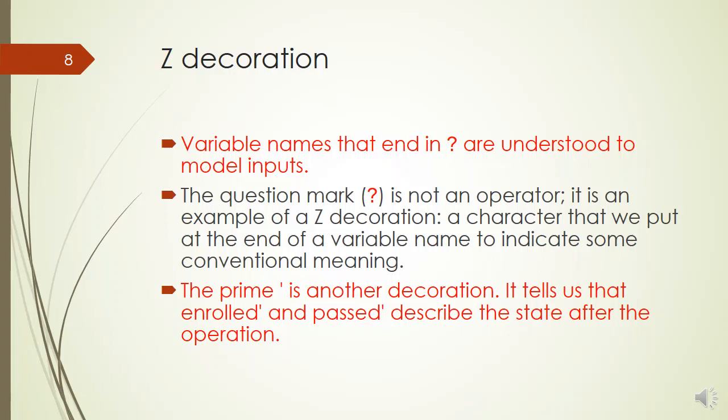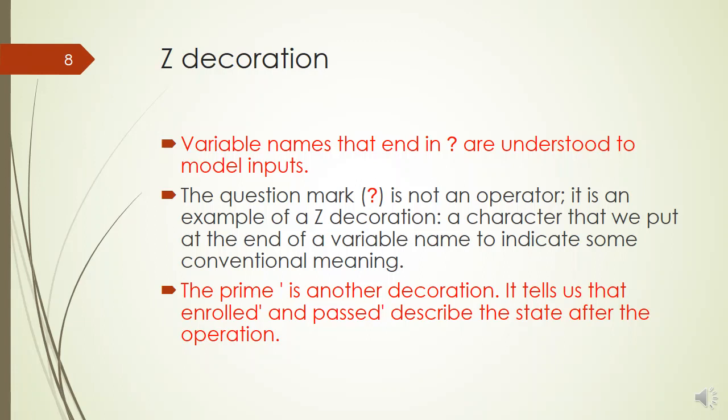After specifying the system state schema and the initial state of this software in the form of initial state schema, we are ready to specify the operation schemas, and to specify the operation schemas we use some decorations.